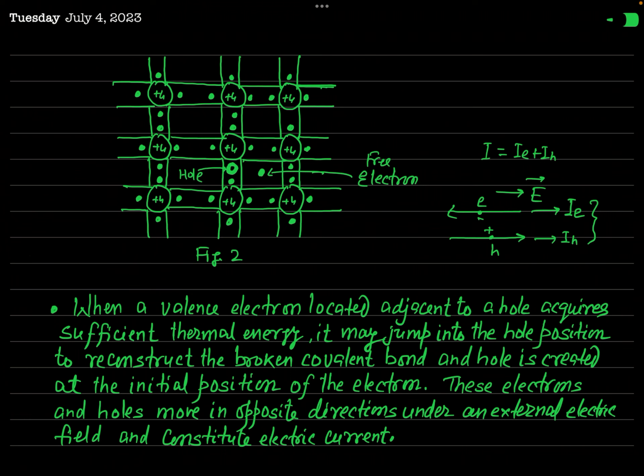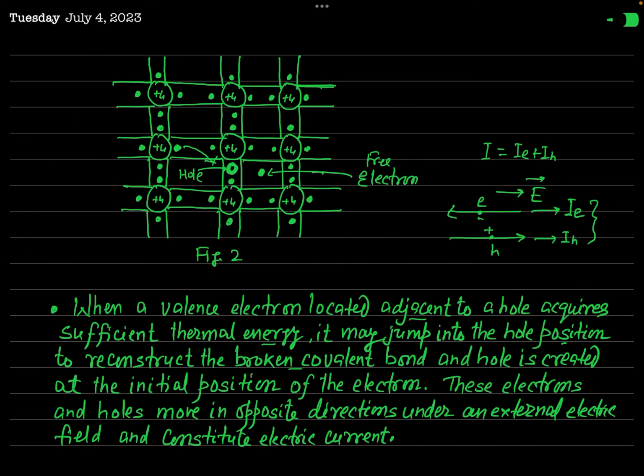Now, as I have told you, when a valence electron located adjacent to a hole acquires sufficient thermal energy, it may jump into the hole position to reconstruct the broken covalent bond. As I have told you, this electron jumps to this vacant place and again a covalent bond is formed.